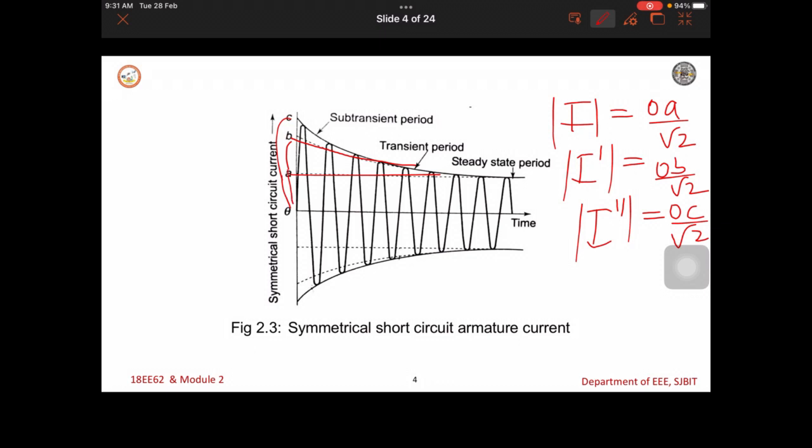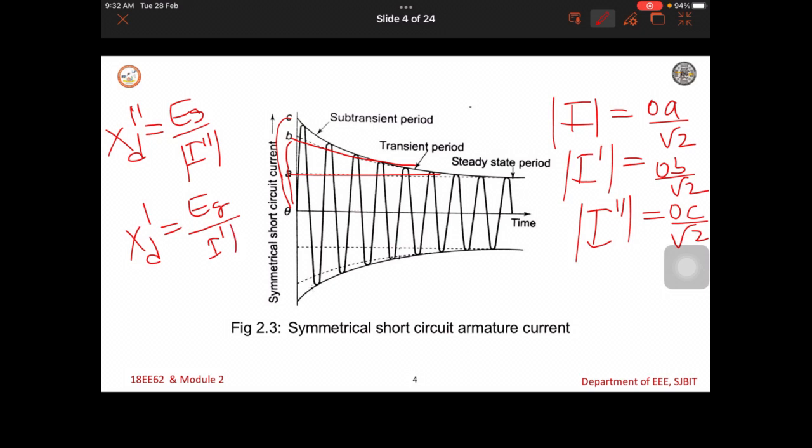So the subtransient reactance is nothing but voltage divided by current, that is Eg divided by the subtransient current I double dash. The transient reactance is Eg by I dash.